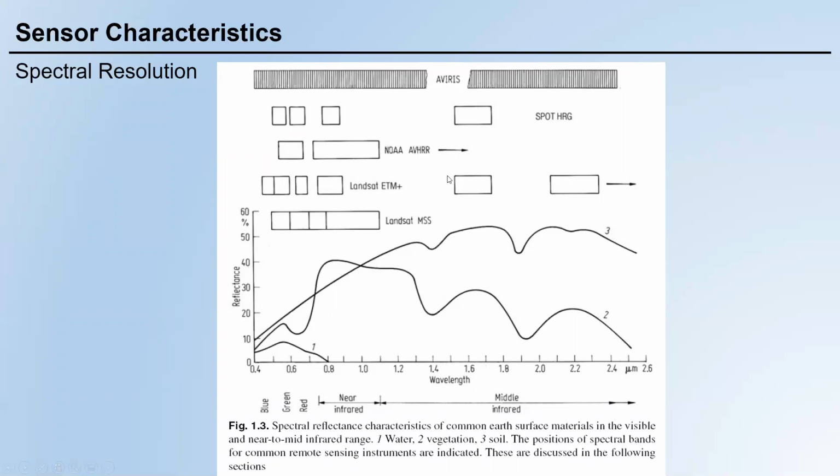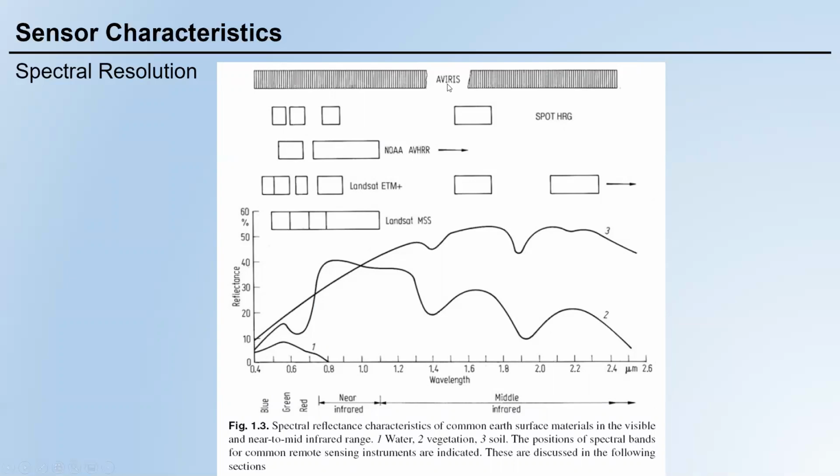It is covering a longer range of wavelengths, but the bandwidth for each channel, for each band, is still very wide, right? It's pretty wide. Similarly, for NOAA AVHRR and for SPOT, which is a European sensor, 4 bands. AVHRR is within this range because it's for climate. This sensor does not require so many bands, so 2 bands.